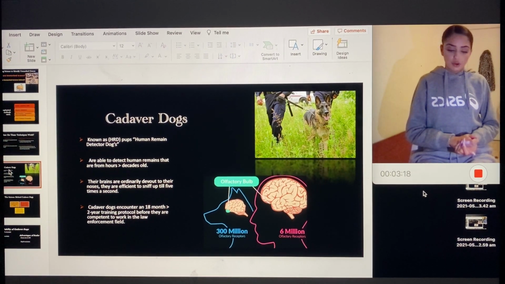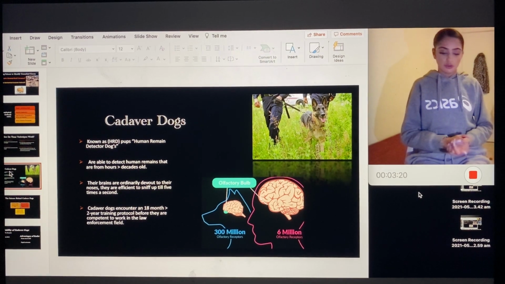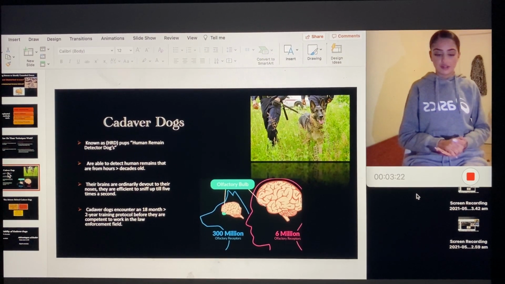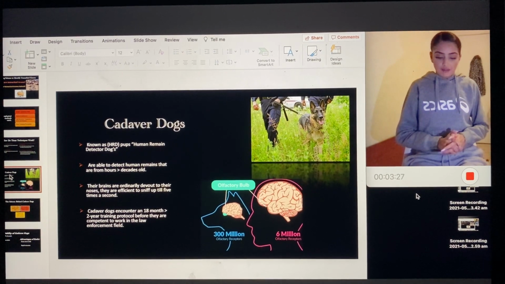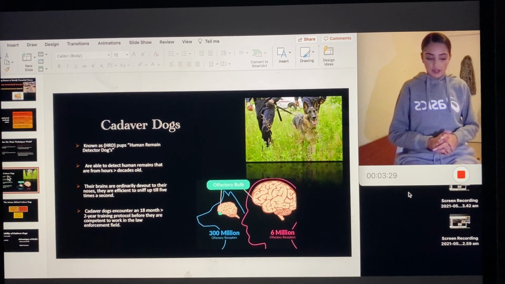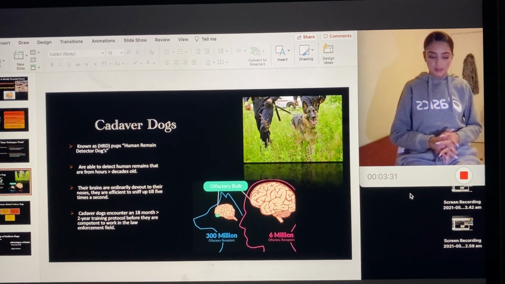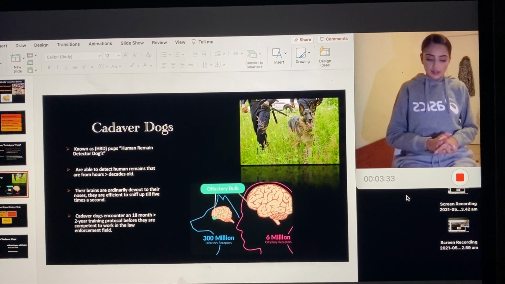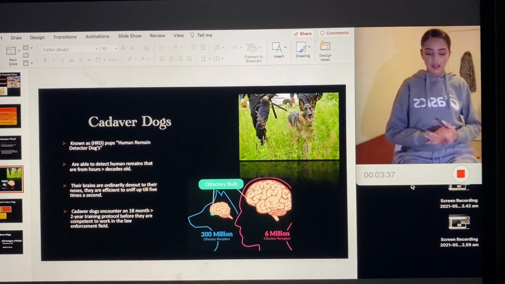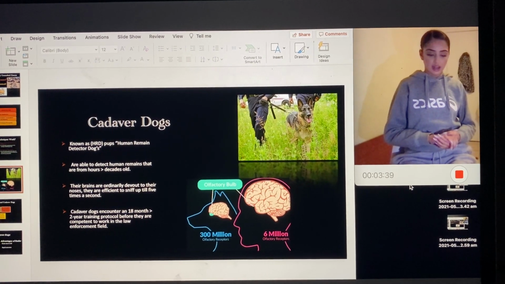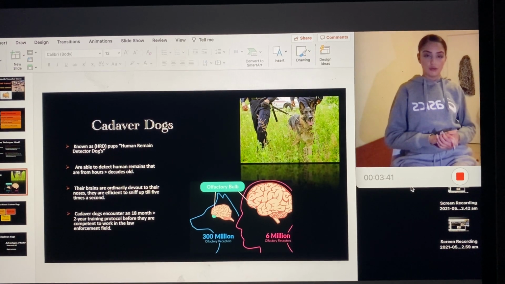Each sniff hurtles into a bony structure called the olfactory recess. As I have displayed in the concept beneath, dogs have more olfactory receptors than humans. These dogs undergo an 18-month to 2-year training period before they are adequate to work in the law enforcement field.